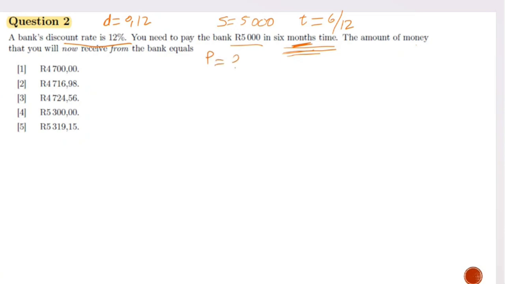It is simply straightforward. What you need to do is to get your formula. You are working with a discount. This is the context of a simple discount, so you would need to get the formula for a simple discount, which is 1 minus dt.